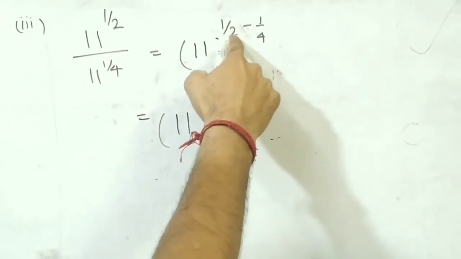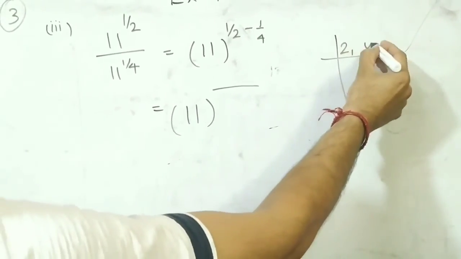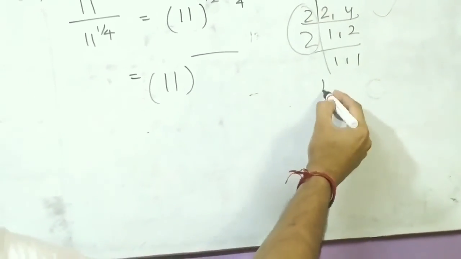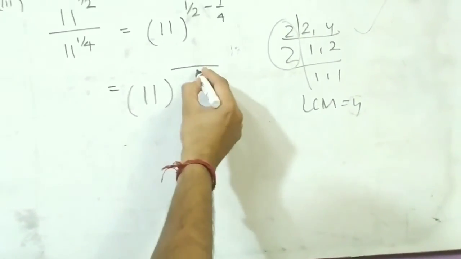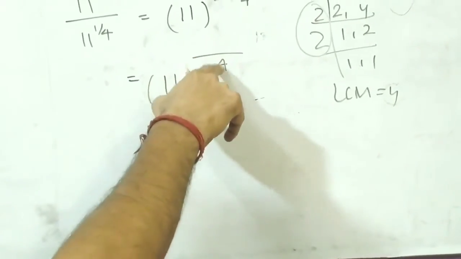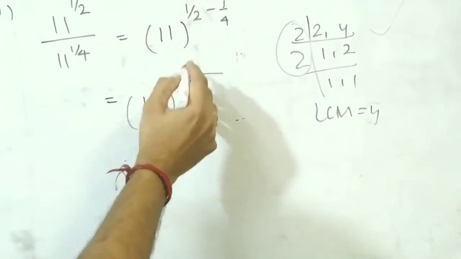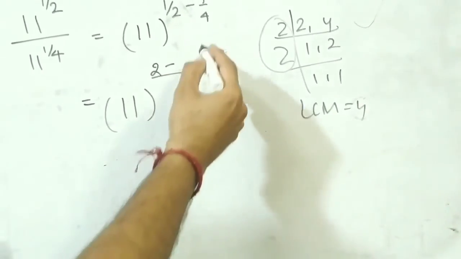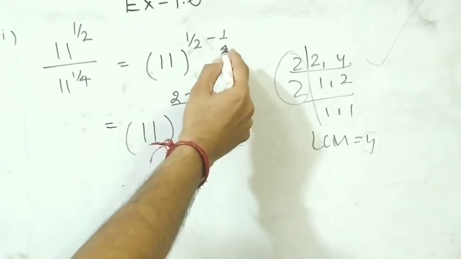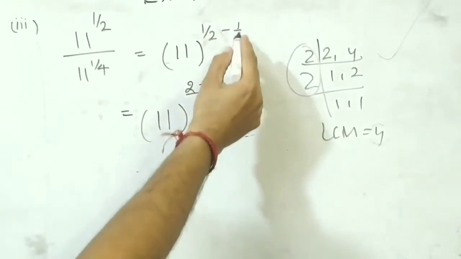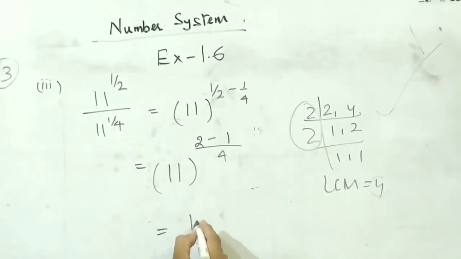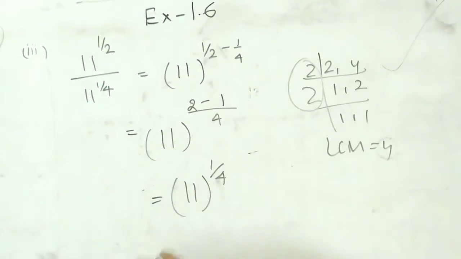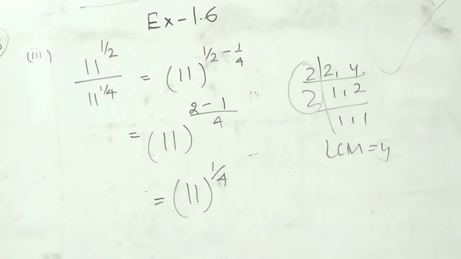You can take LCM of 4 and 2. LCM is 4. You can write down 4 here. Now divide this 4 by this 2, you will get 2, and multiply it with this numerator 1, you will get 2. Then minus. Divide this 4 by this 4, you will get 1, and multiply this 1 with numerator 1, you will get 1. So answer will be 11 to the power 2 minus 1 divided by 4. So this is third part.